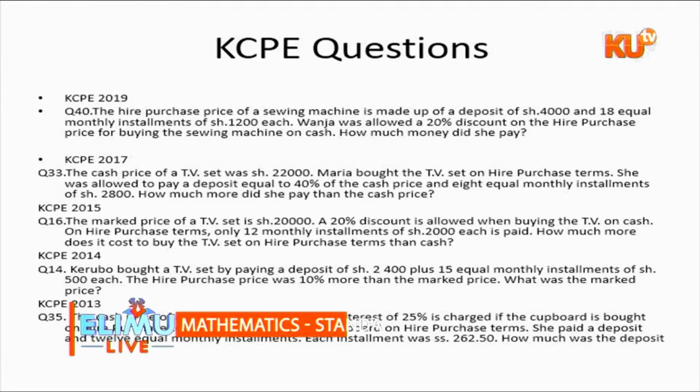Now, we write down what we have been given. The hire purchase price is made up of a deposit of 4,000. So we start by writing down what we have.